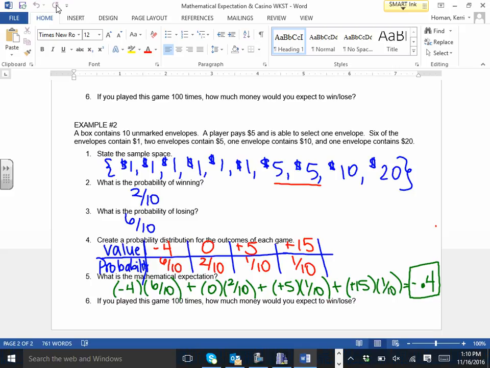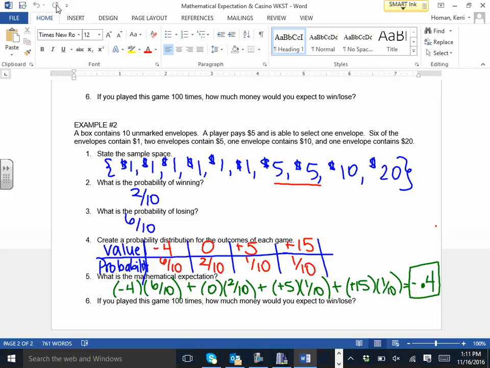Let's interpret that. Every time you play this game, you are expected to lose 40 cents. The dealer, every time somebody plays the game, is expected to gain 40 cents. Is that 40 cents per dollar then? 40 cents per game.